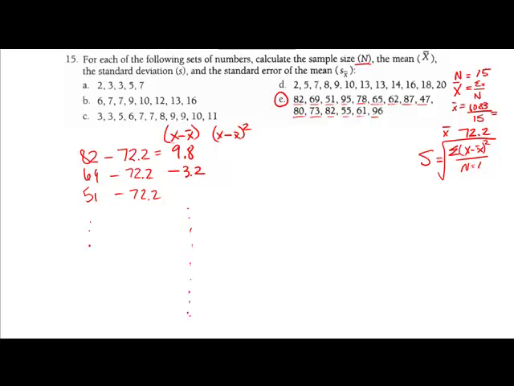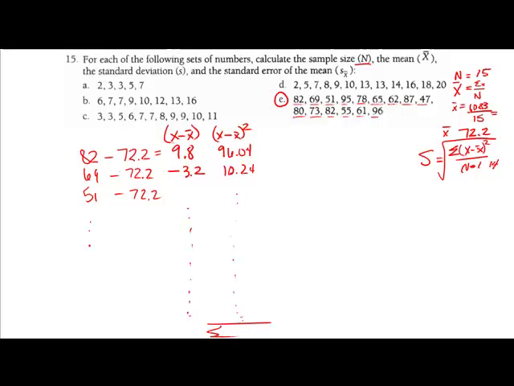So 9.8 squared, or 9.8 times 9.8. That's 96.04. Negative 3.2 times a negative 3.2 is a positive 10.24. And again, we go down and we do all that. Once we do that, then we'll have the sum. And then we divide by n minus 1. N minus 1 is going to be 14. So we take that number, divide it by 14, take the square root.